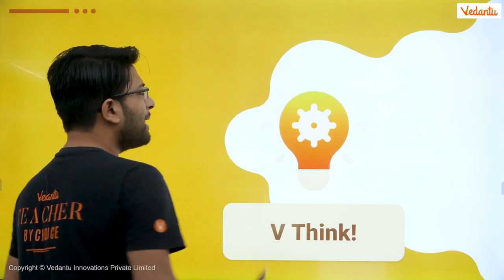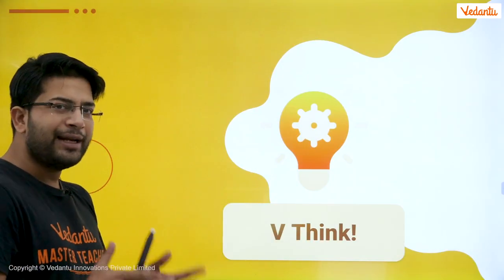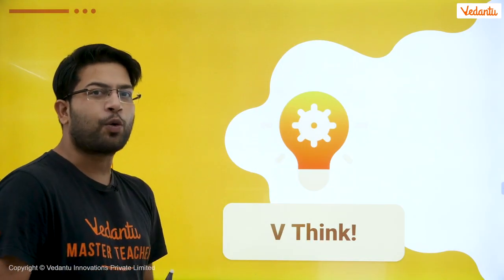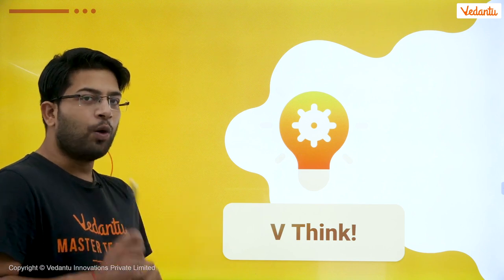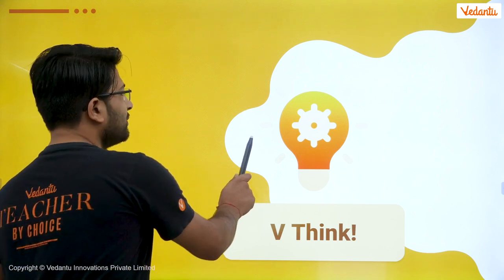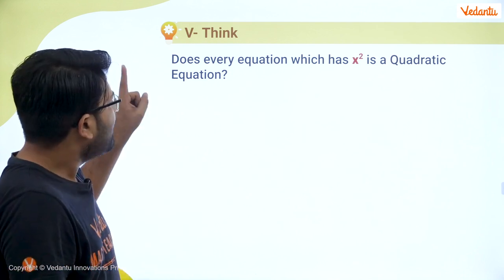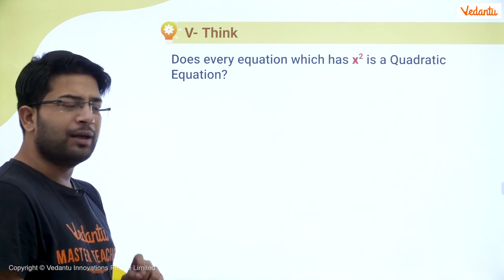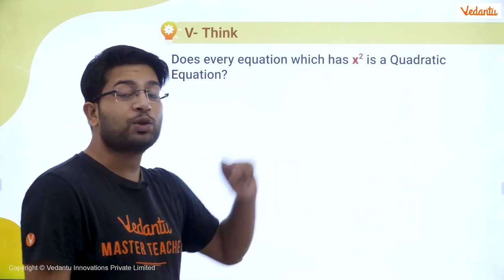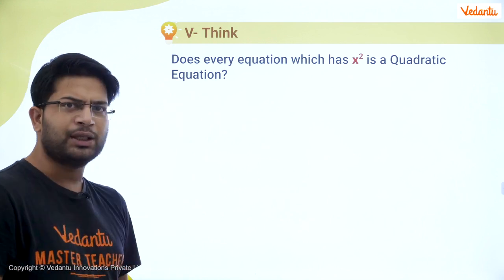Very good. So champ, there are many examples in real life where we have to use the quadratic equation. Now, one question comes, champ, to think about: does every equation which has x square is a quadratic equation?